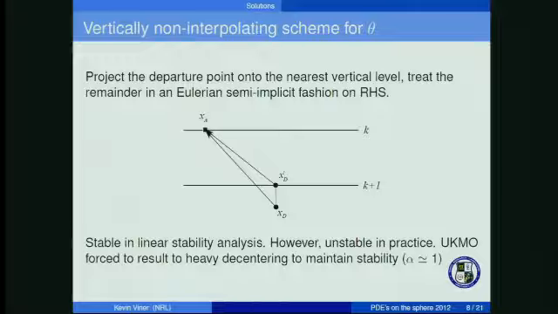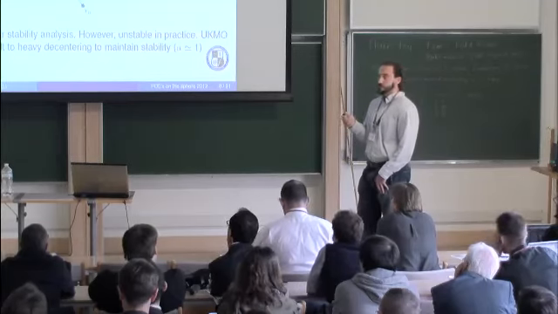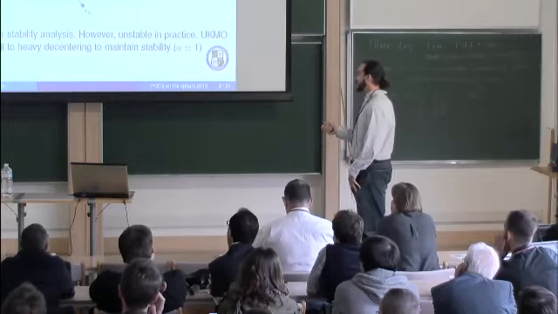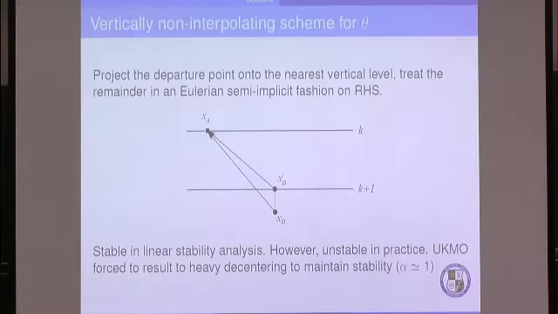I shift it to the nearest vertical level, and then I take this small portion and move it to the right-hand side and treat it in an Eulerian fashion. If that worked, that would have been fantastic. It's stable in a linear stability analysis. However, it's unstable in practice. It's not enough just to move this small portion, and so the new dynamics needed a very heavy decentering, just like we did, to maintain stability.